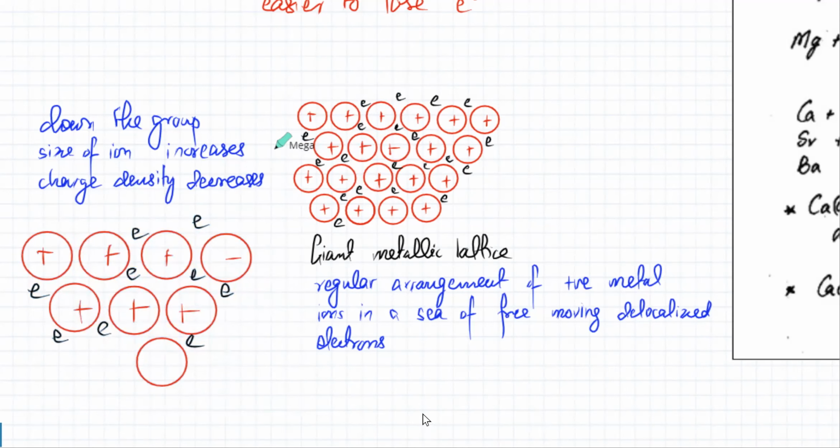It's going to be the exact same lattice, except that the ions are much bigger. If they're much bigger, they would be further away from each other, which is why there's going to be less attraction. The delocalized electrons are not going to be attracted that strongly to the ions because of the greater distance. So down the group this charge density decreases, and you've got a weaker lattice. So bigger ions translates to a weaker lattice.